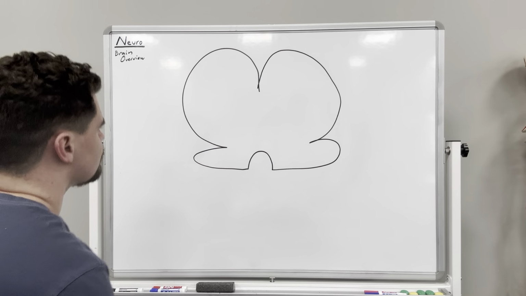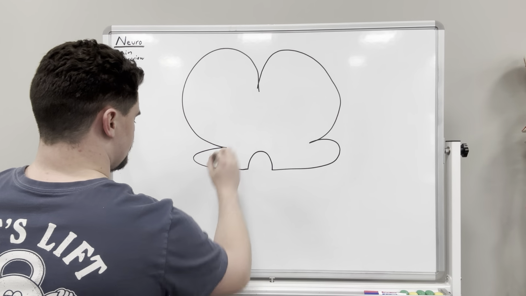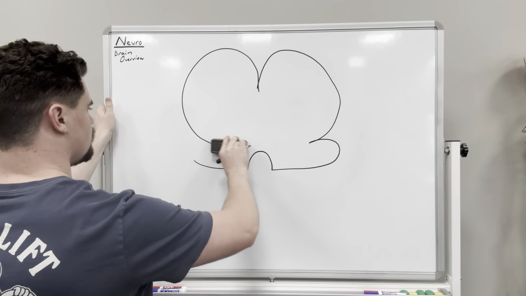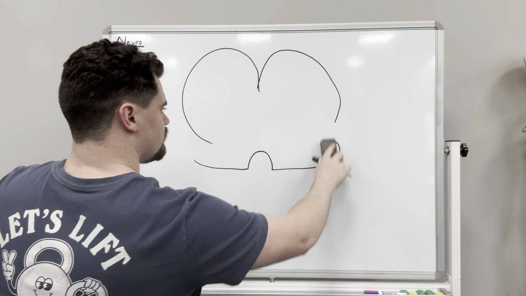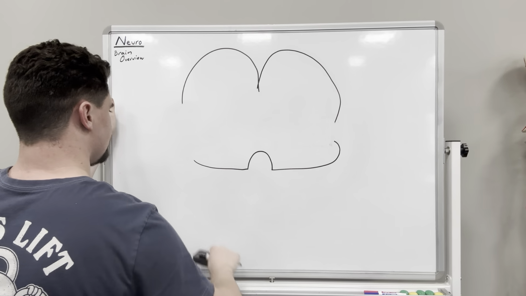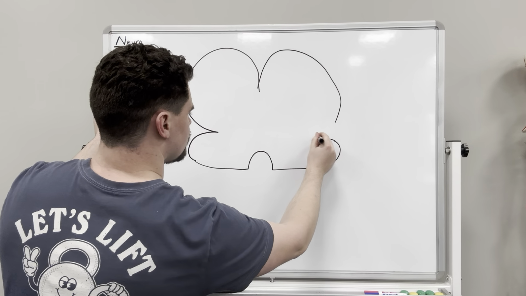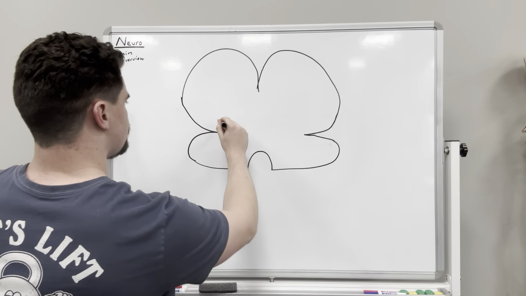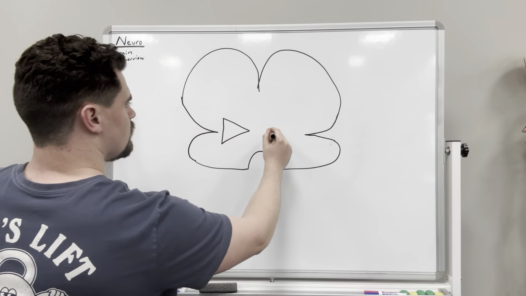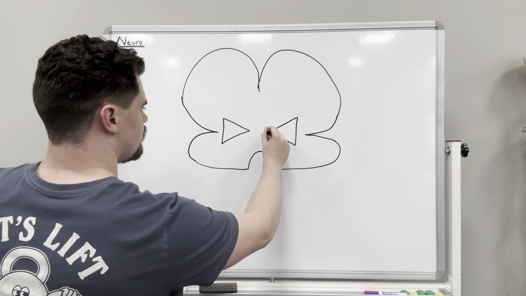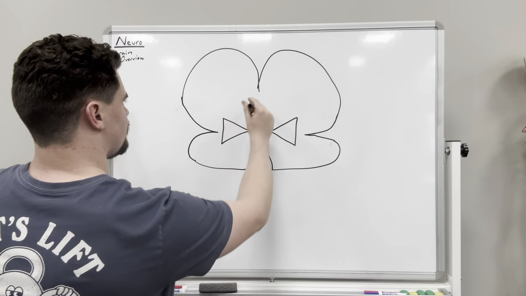I should probably draw the temporal lobe a little bit bigger. That's probably good. Okay, so first thing I'm going to draw here, and we'll talk about this in just a minute.